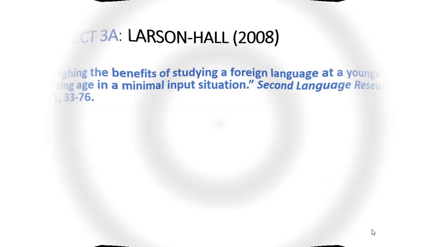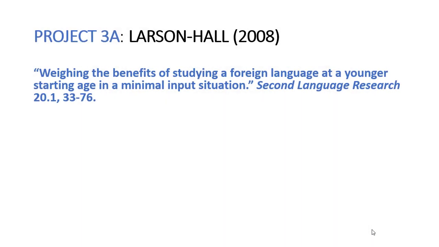Okay, time has come for us to discuss our projects for next week. The first project is by Larson Hall, as we discussed before. This is from her article, Weighing the Benefits of Studying a Foreign Language at a Younger Starting Age in a Minimal Input Situation. This is a study that appeared in Second Language Research number 20. I will not discuss the details since we did that in the main lesson.